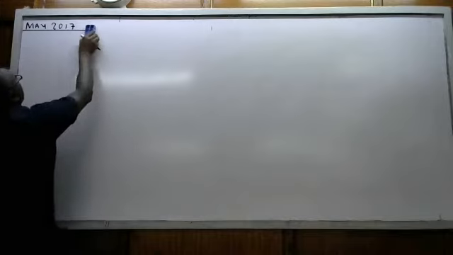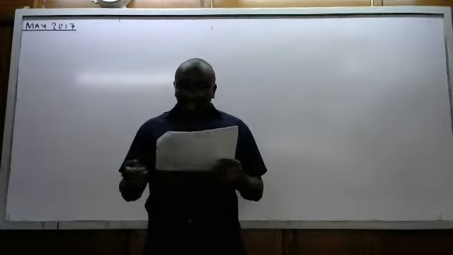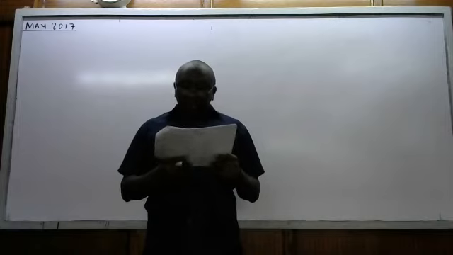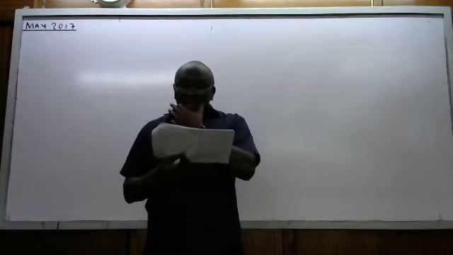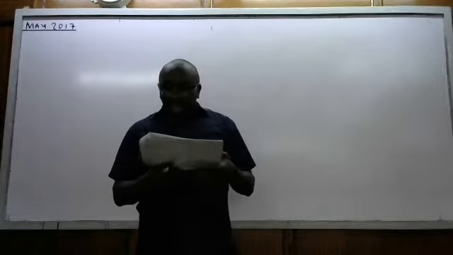So we are now in the paper of May 2017. And in the paper of May 2017, we go to question 1C that says the average revenue and marginal cost functions of a certain company are given by, and we are told to get the profit function.